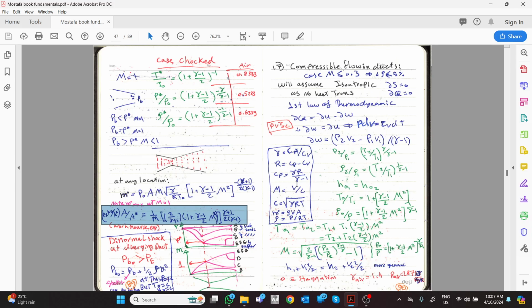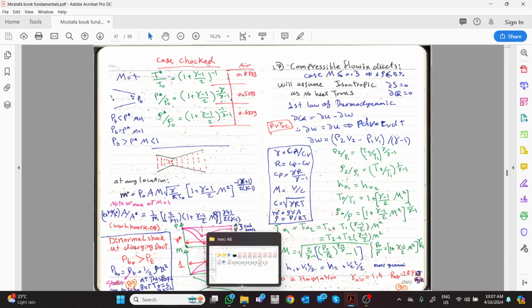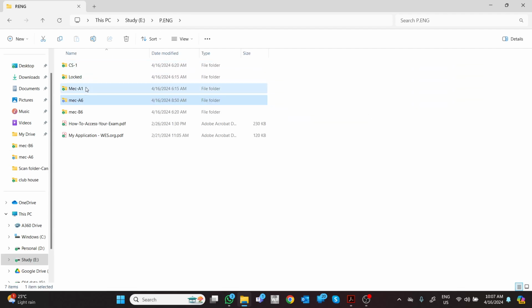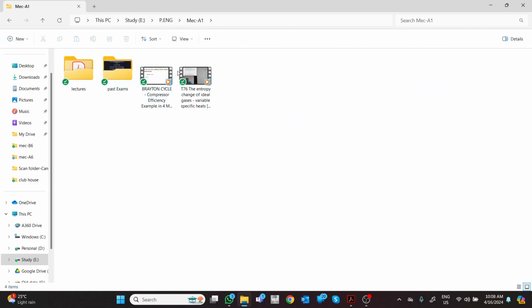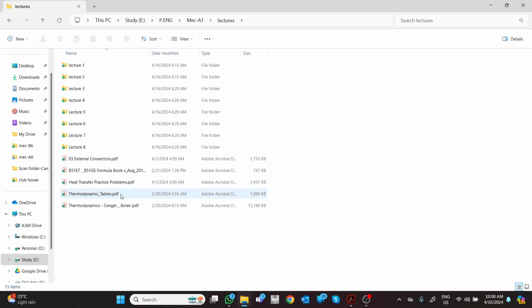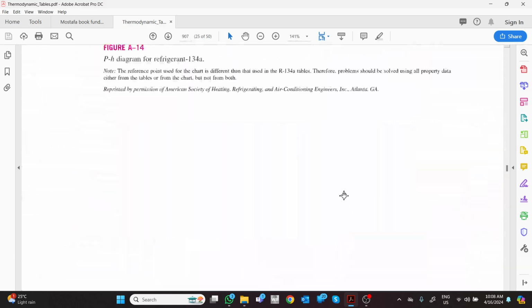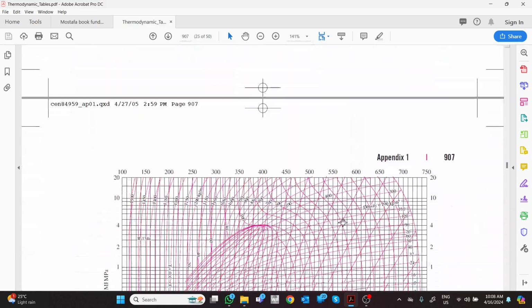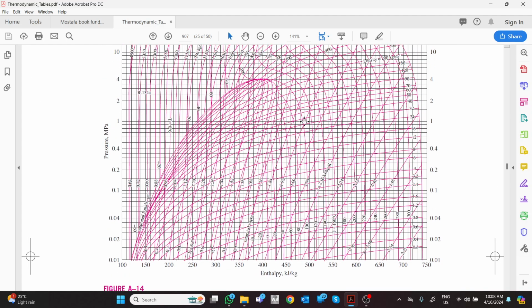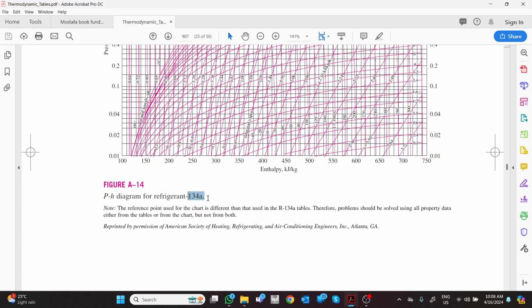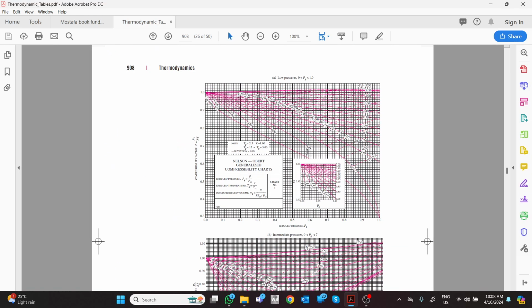Okay, I'm going to open the thermodynamic tables. I think this one here. Inside any textbooks you will find, for example, this refrigerant R134 for the heat exchanger.